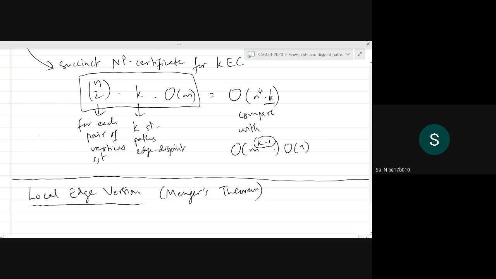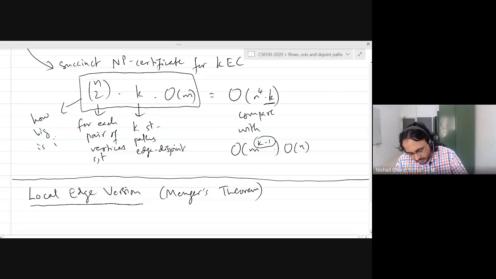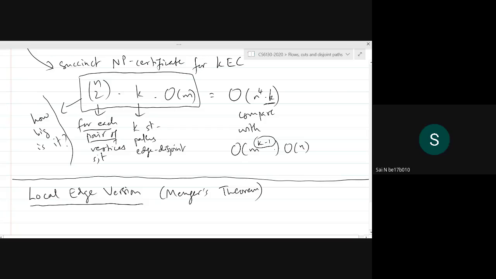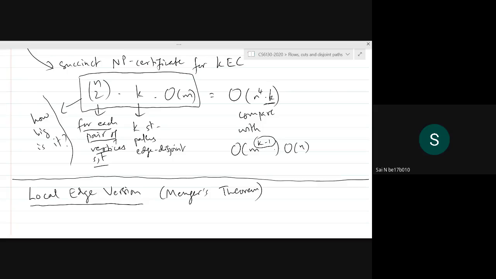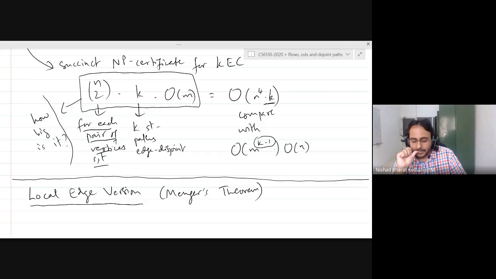What is the certificate then? Right. So what is a certificate? For each pair of vertices, I will give you k edge disjoint paths joining those two vertices. That is a certificate.